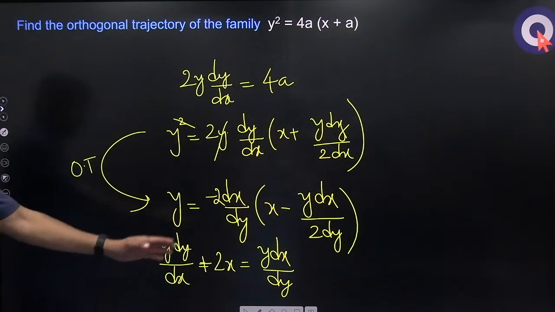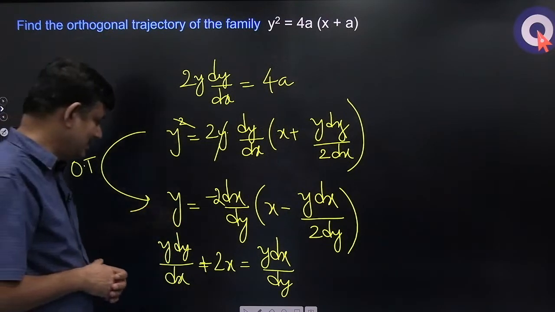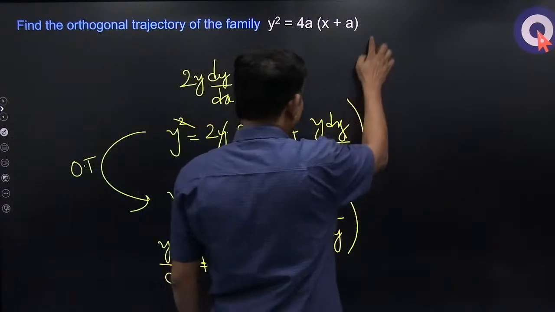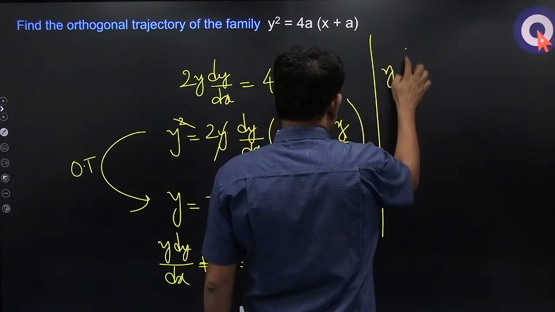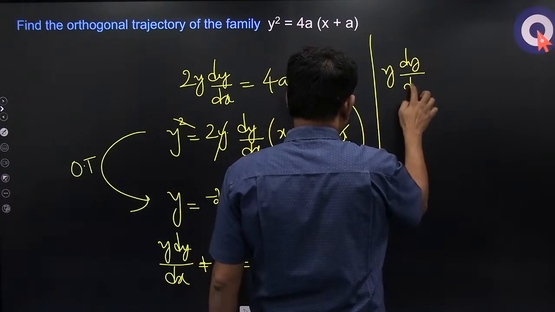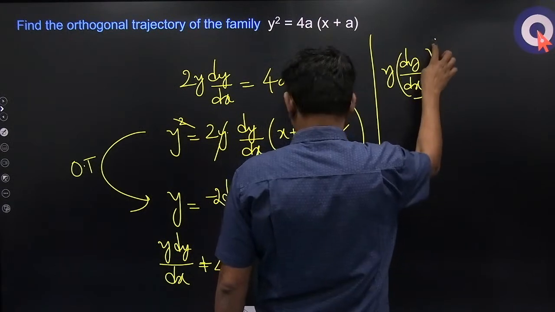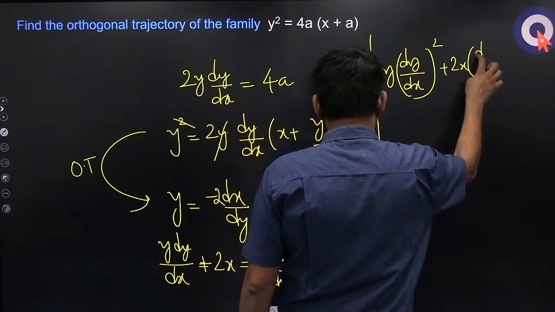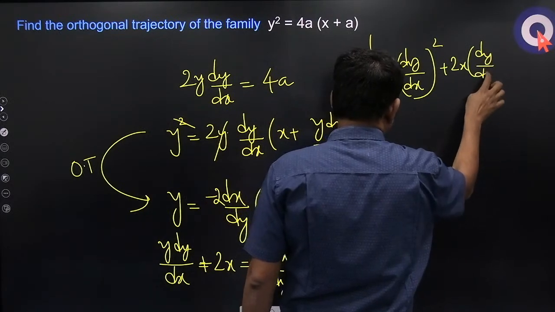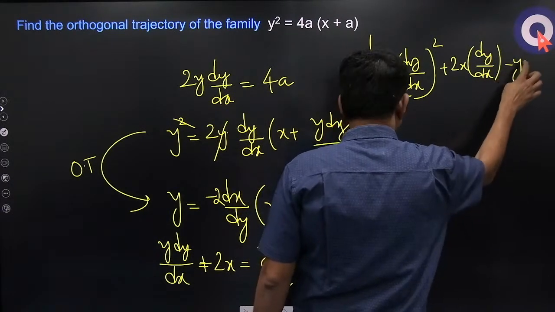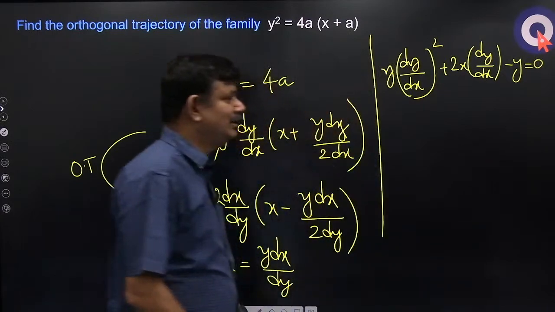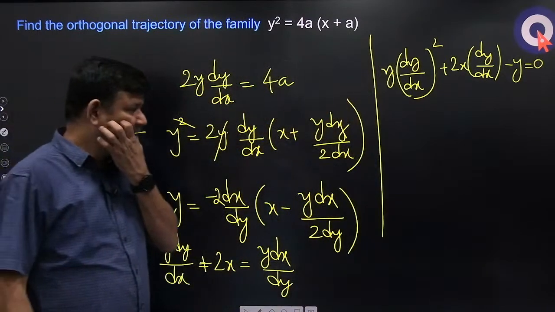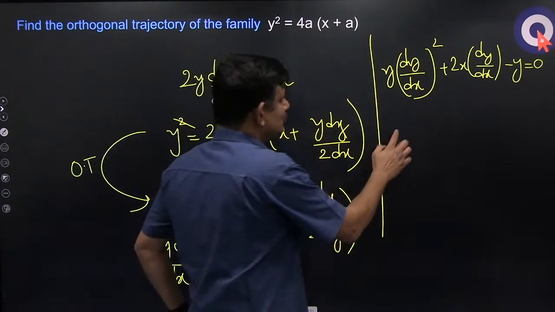From here, if I multiply throughout, this is again looking like a quadratic in terms of dy by dx. So y times dy by dx whole square plus 2x dy by dx minus y is equal to 0. This is again a second degree differential equation. So how to do this?